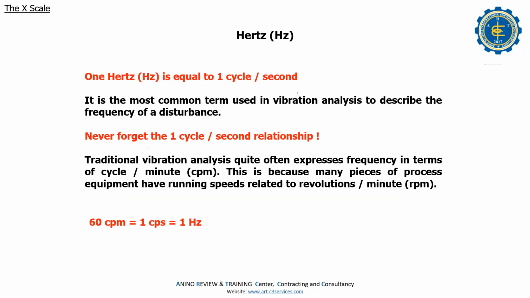So I think you already know this one. 1 hertz is equal to 1 cycle per second, right? Very simple. Never forget the 1 cycle per second relationship. So 60 cycles per second, 1 CPS, 1 hertz.